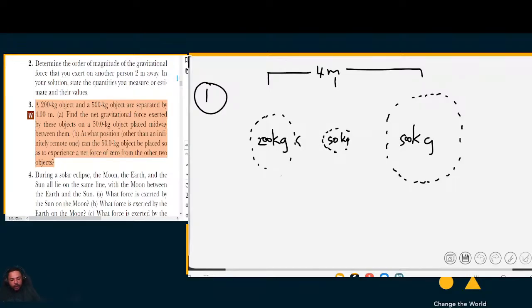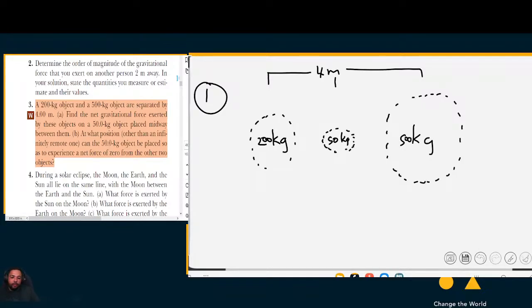So first we need to find the force between the 200 kilogram and the 50 kilogram, and then the 500 kilogram and the 50 kilogram. And remember, gravity is attractive. So this one will be pulling the 50 kilograms towards the left, and this one will be pulling it towards the right.